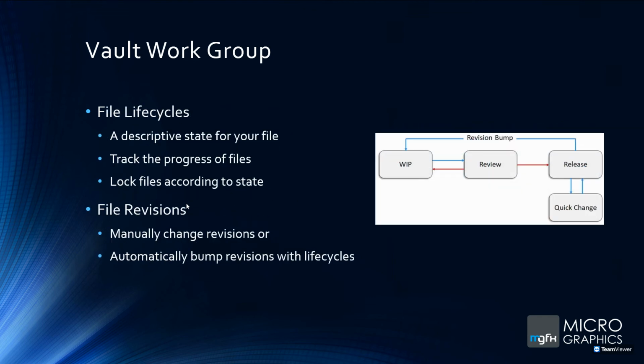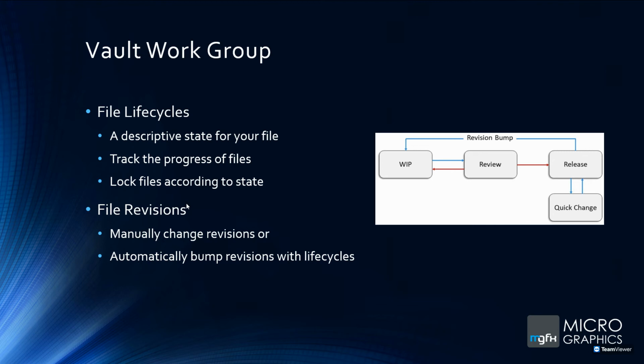Just a quick look at Vault life cycles. So a life cycle is that descriptive state for your file. So there we see on the right-hand side, just a visual helper there to show how the life cycles could work. You can have the WIP, or work in progress, push through to review, from review to release, and if you need to go back to work in progress, there's a revision bump as it goes from release back to work in progress.